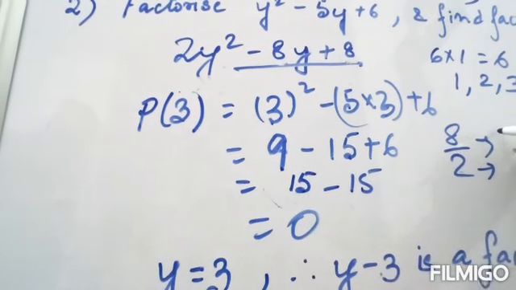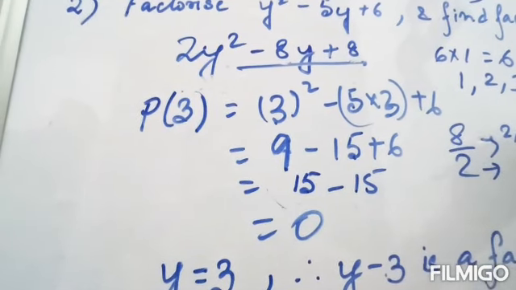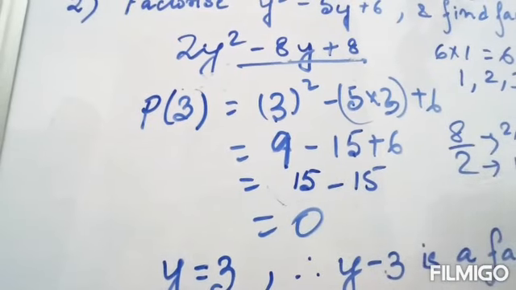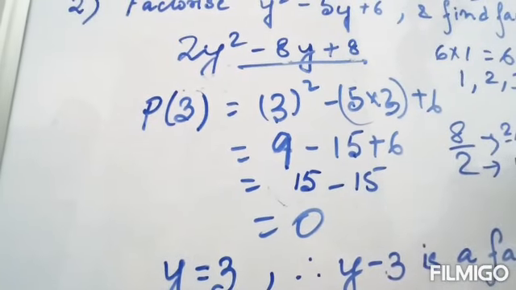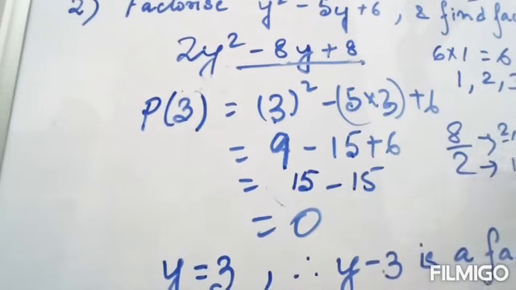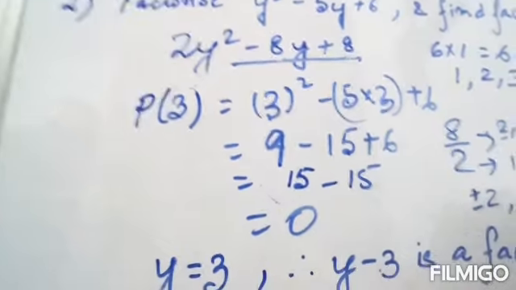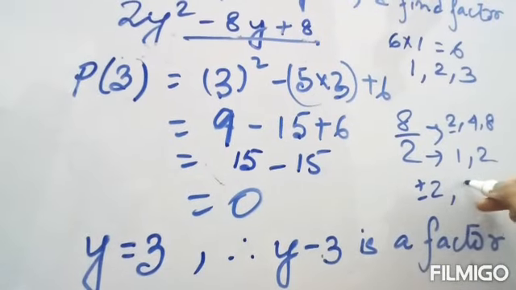It will be 2, 4, 8, and for 2, 1 and 2. And we are going to put it into ratio. 2 by 1 means 2, and 2 by 2 means 1.